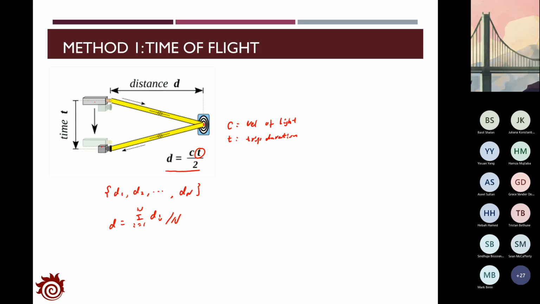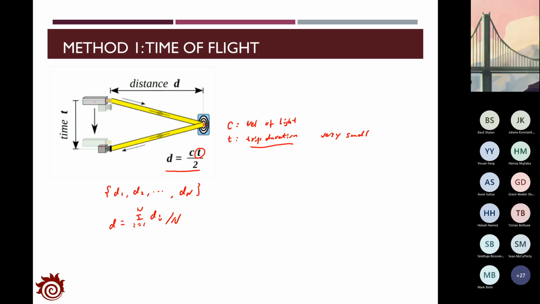But there are some issues with the time of flight method. You know that the speed of light is very high. The speed will be around 300,000 kilometers per second. So that means that the trip duration will be very small.